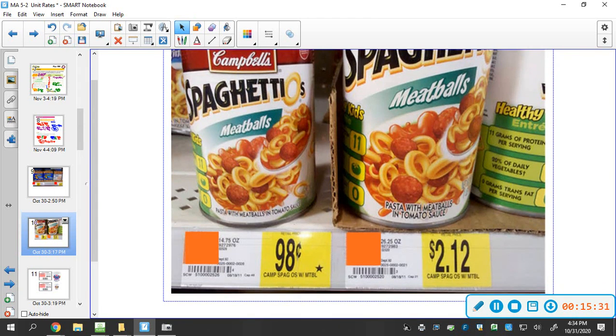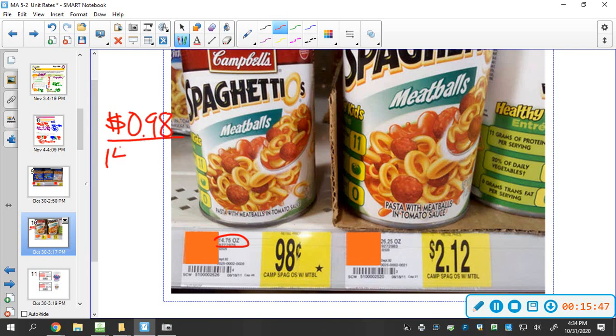It was 98 cents, and it's kind of hard to see right here, but it does say that it's 14.75 ounces. So we would have our 98 cents over 14.75 ounces.